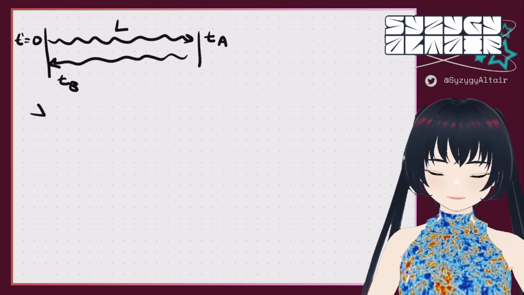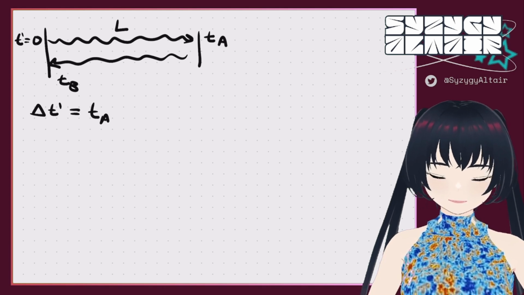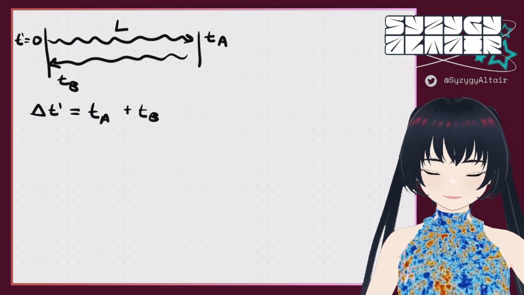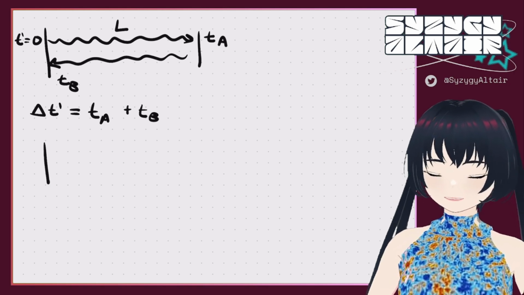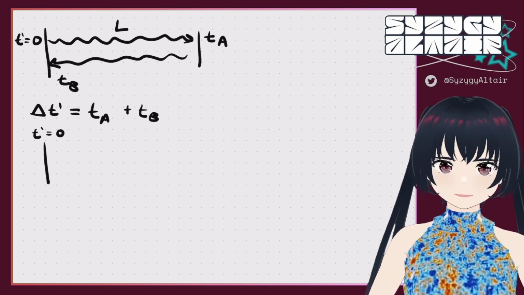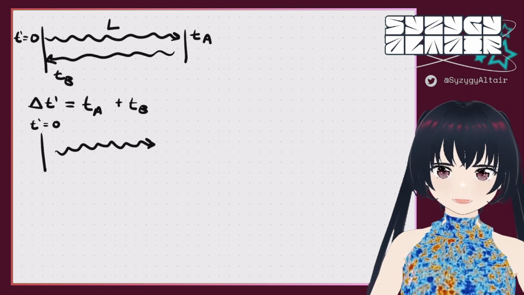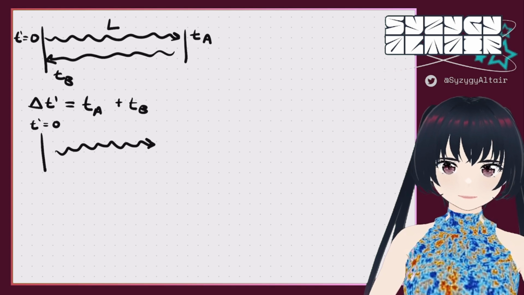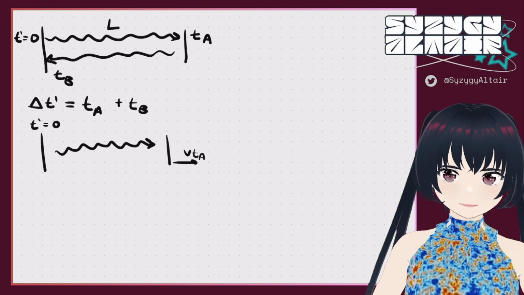The total time elapsed, delta t prime, would be ta plus tb. At t prime equal to 0, the light leaves the leftmost mirror, but the mirrors are moving. That means that as the light travels to the rightmost mirror, it would have also moved a distance v times ta to the right as the train moves.